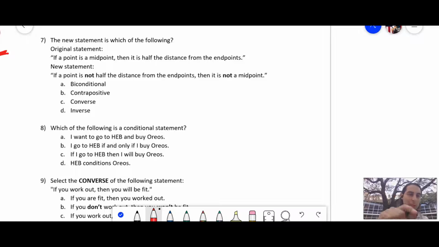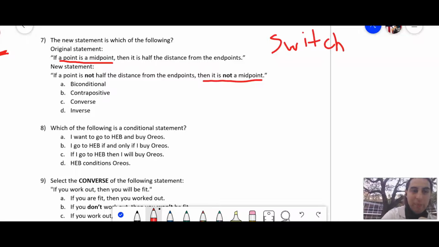So what happened here? Let's look at this. A point as a midpoint is now over here. So it's switched, right? You agree that there's a switch, the hypothesis is now at the end, and half the distance from the endpoints is now over here. So there's a switch, but that's not it.